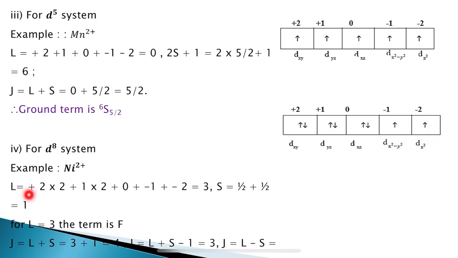Here we again have to calculate the L value. L will take the value of 3, and I am going to calculate the spin angular momentum, which will result in the value of 1. For L equal to 3, the term we use is F.